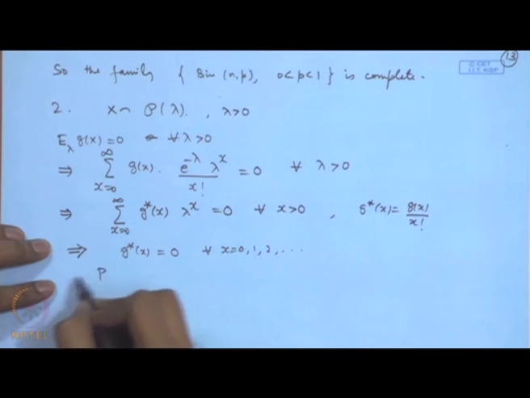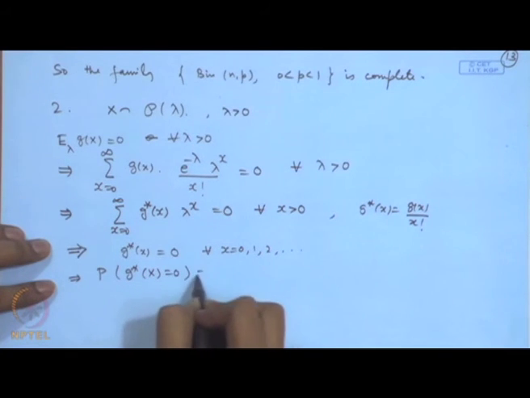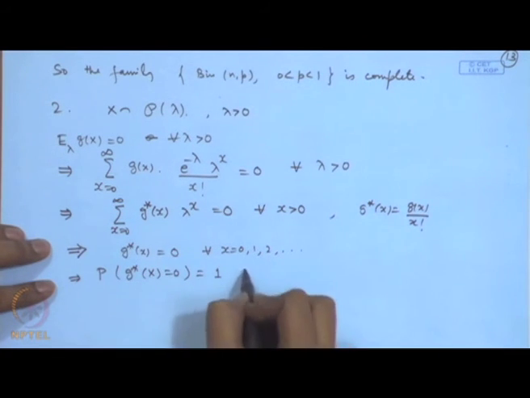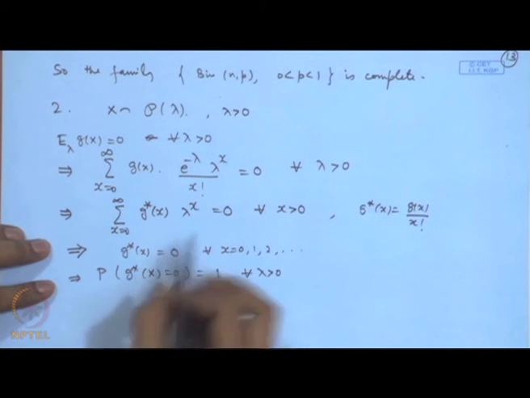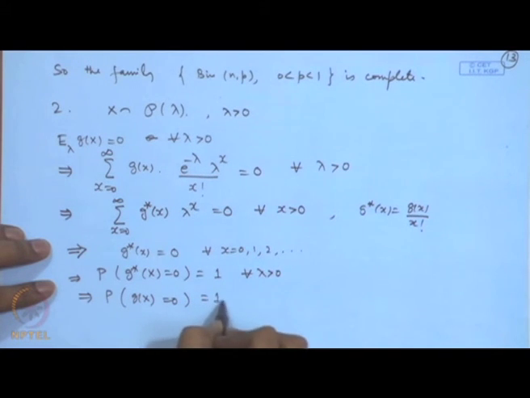Therefore, the probability that g*(x) is equal to 0 is 1 for all lambda. Now, g* is nothing but g(x) / x!, that means g(x) itself is 0 with probability 1. So, this family of Poisson(lambda) distributions is complete.